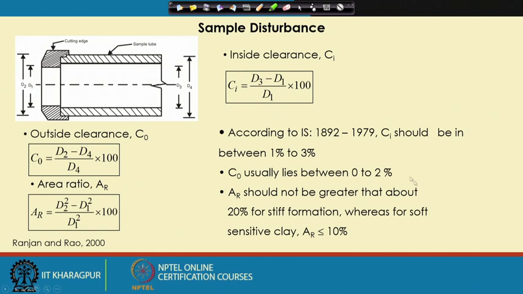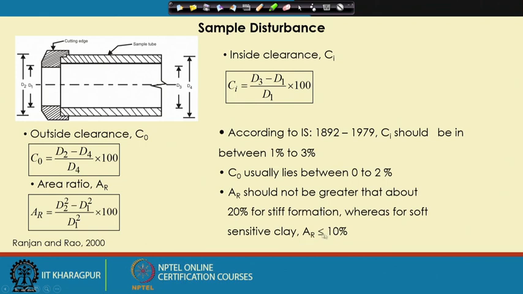So, these are the conditions which, if we satisfy, we can get a good undisturbed soil sample. This is the range of Ci, C0, and the area ratio should not be greater than 20% for stiff formation, or for soft formation the area ratio should be less than 10%.